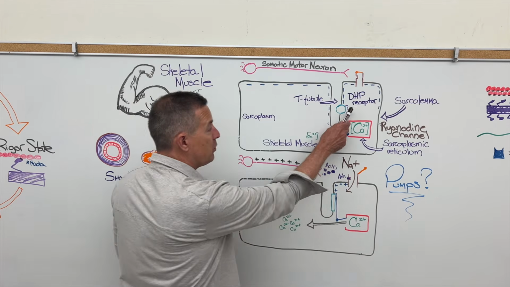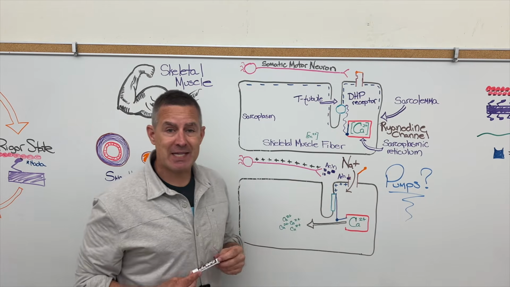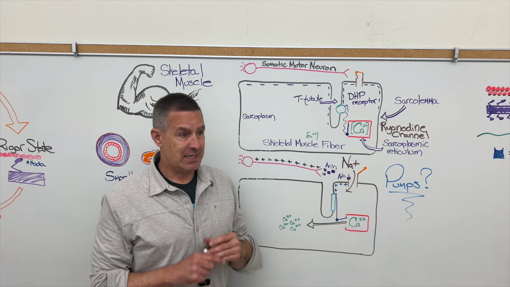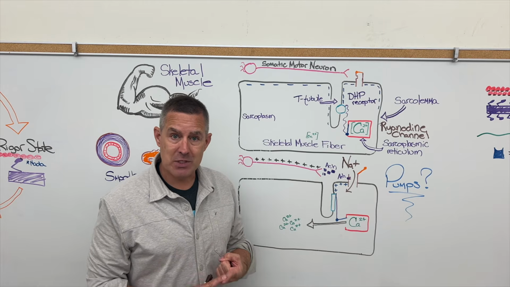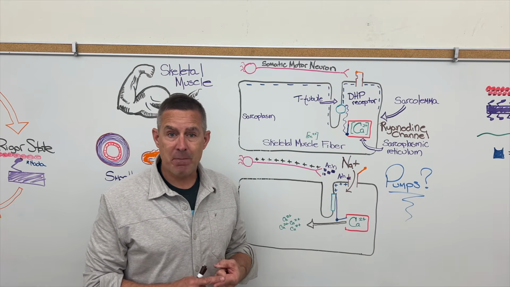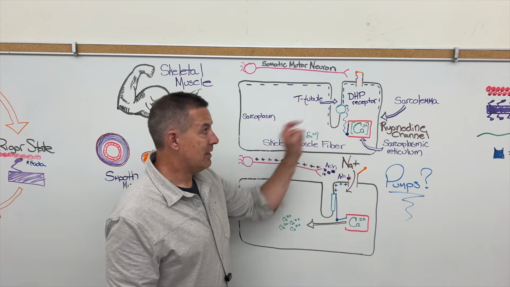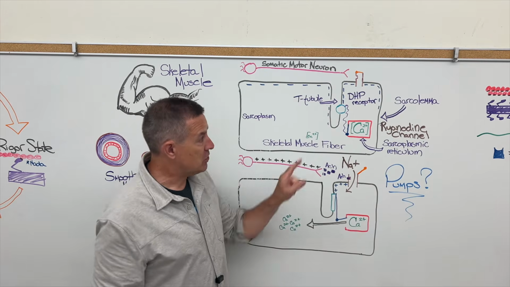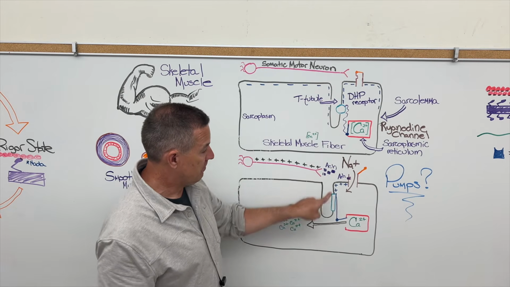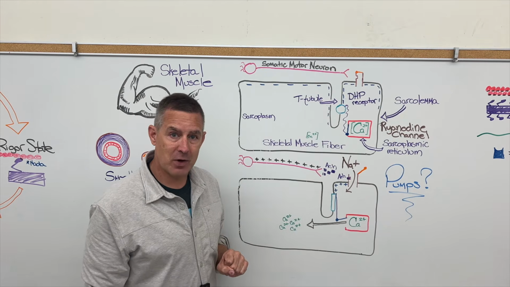The DHP receptor is a voltage-sensitive protein. It is not a channel, but it is a protein that changes shape, undergoes a conformational change when there's a depolarization event. So we just went from a circle to this skinny little rectangle right here.